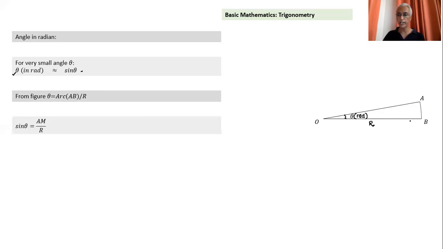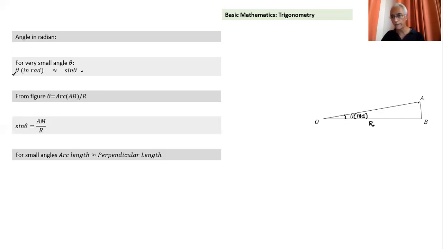There's no right angle triangle here, so we drop a perpendicular from here on this side. Now there's a right angle triangle OAM with the angle being theta. Sine of the angle is equal to the opposite side divided by the hypotenuse. AM is the opposite side here. So sine theta is AM by R.